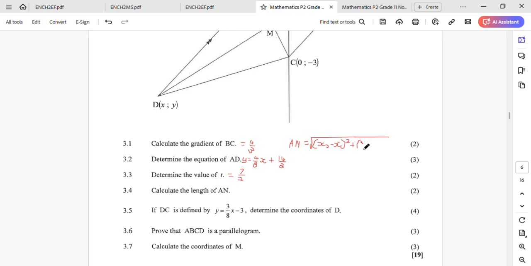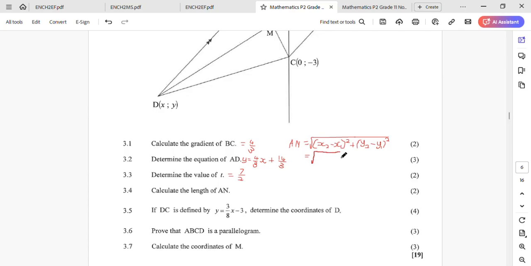So y2 minus y1, all squared. So for our x2 it's xN.